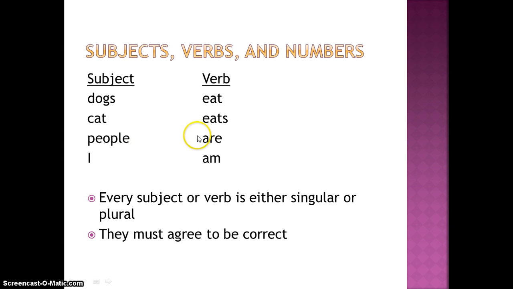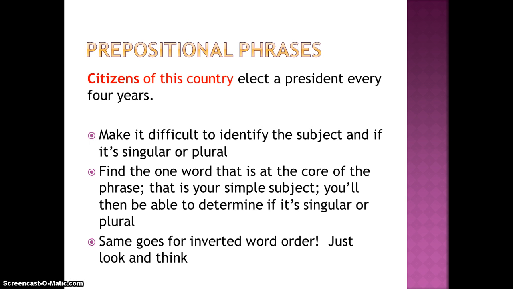So the plural of to be is are. People are. I is singular. So the singular of to be is am. I am. Hopefully that makes sense. And in order for your sentences to agree, your subjects have to agree with your verb. If your subject's plural, your verb has to be plural.